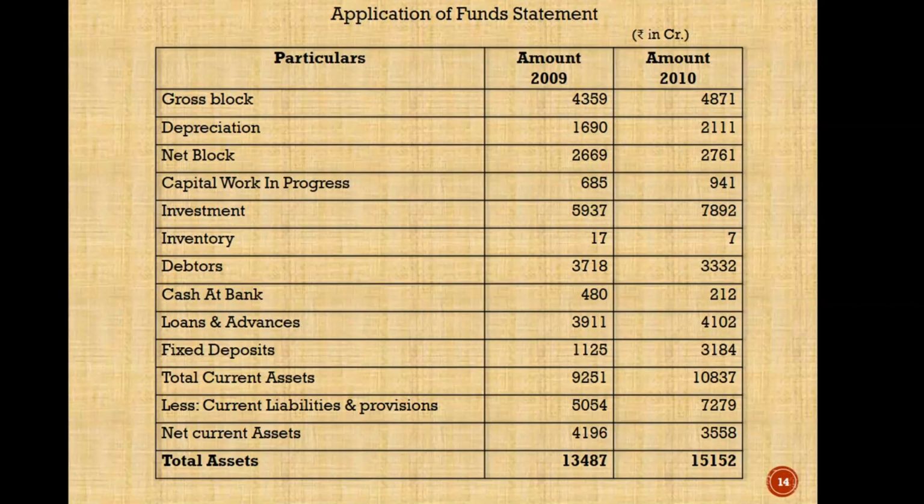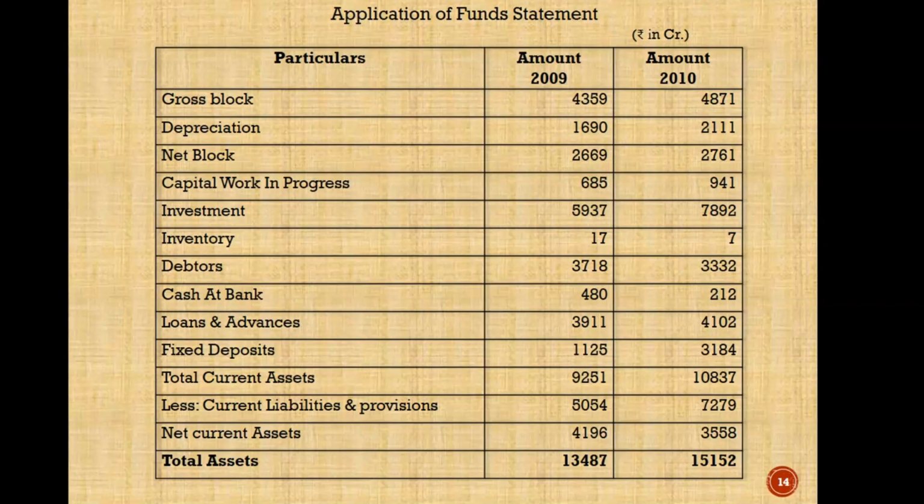So the total asset figure remains same, or it equals to the total liability amount. It is same, 13,487 and in the year 2010 it is 15,152. So it equals to total liabilities. So our liability and assets have a equal balance.